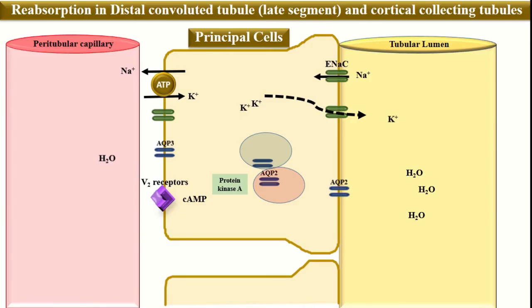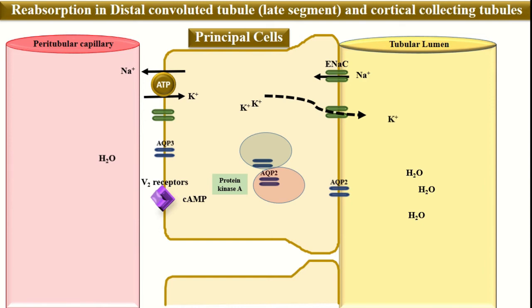Okay, what happens whenever there is abnormal secretion of antidiuretic hormone? It's very simple to understand that when the levels of antidiuretic hormone increase abnormally inside the body, definitely it is going to reabsorb more and more water from the kidneys.